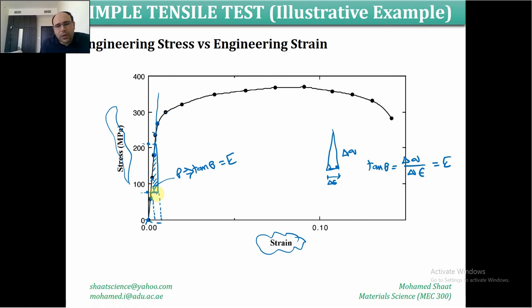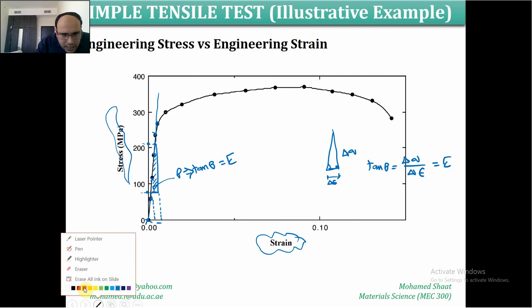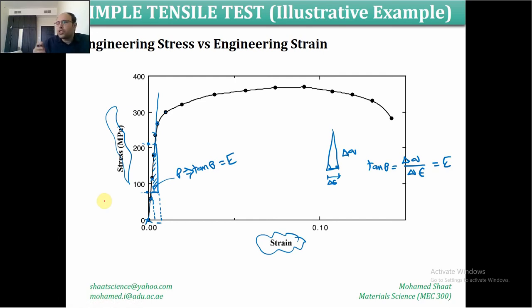As we mentioned, you can choose any triangular shape over this line to calculate the Young's modulus, and you're going to end up with the same value. So be smart and choose any one of these points. Initially, you're just going to draw a line to make sure which are the points that should be located on this line.